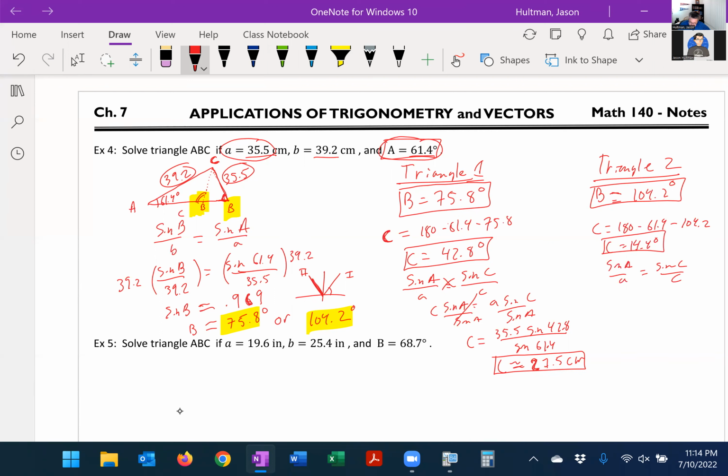So cross multiply, we get C sine A, the same thing that we had before, is equal to A sine C, divided by sine A. So C is equal to A, which is 35.5. The only thing that changes here is the angle. So A is 35.5 times the sine of 104.2 over the sine of 61.4.